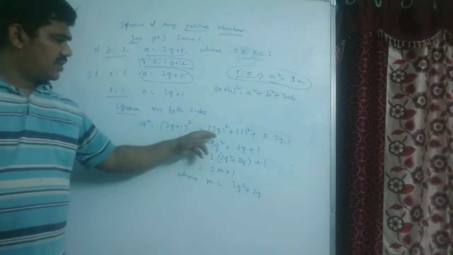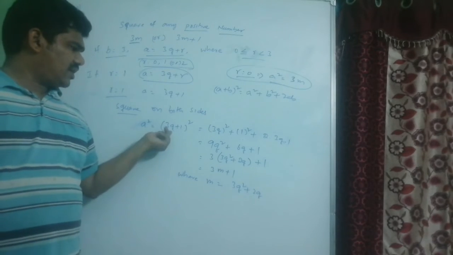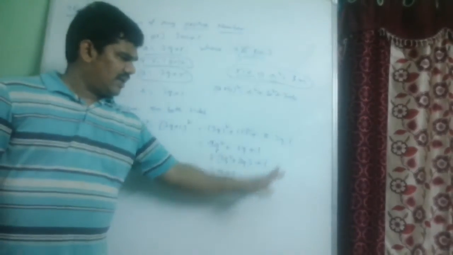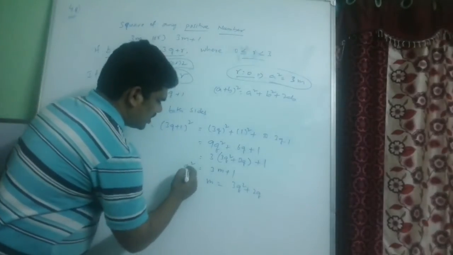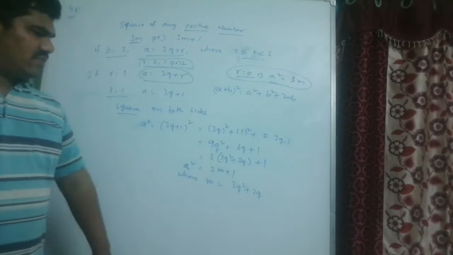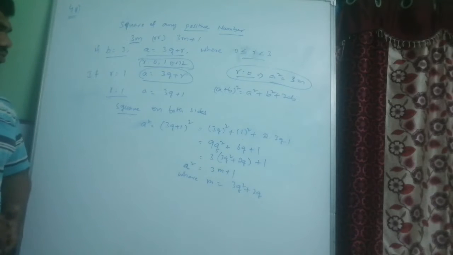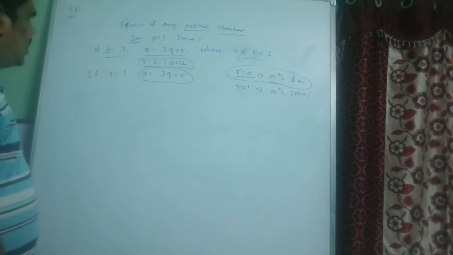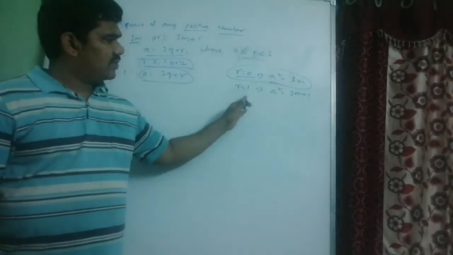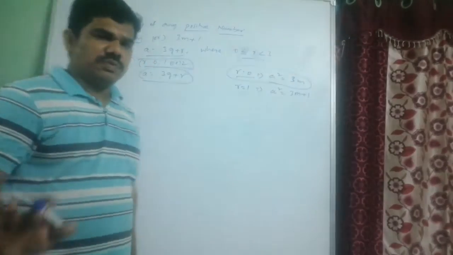Using the a plus b whole square formula, 3q whole square plus 1 square plus the middle term. So finally a square is 3m plus 1, we proved. Here m is 3q square plus 2q. Okay, in the first step, r is 0, a square equal to 3m, we proved it. If r is 1, a square equal to 3m plus 1, we proved it.